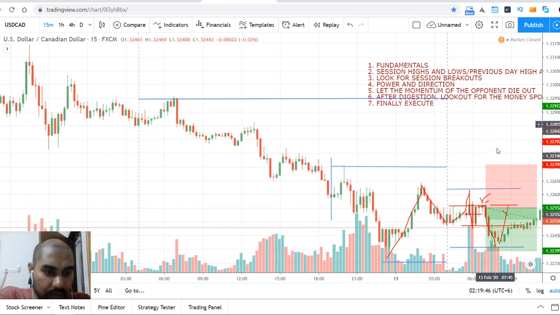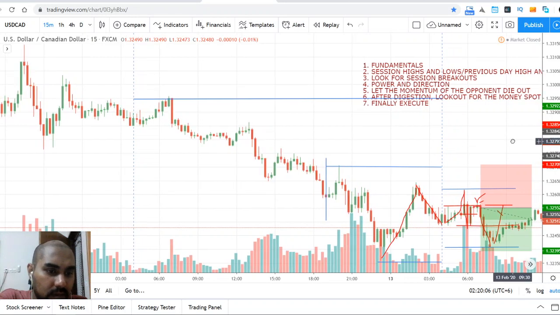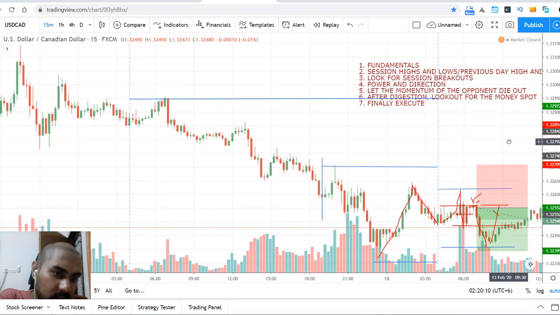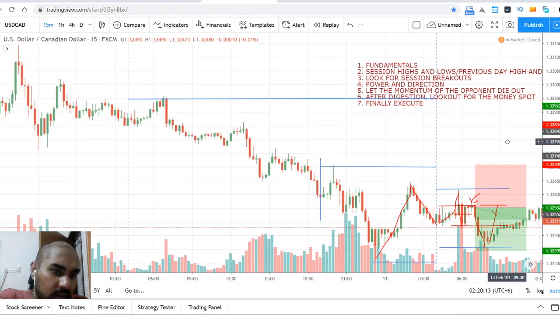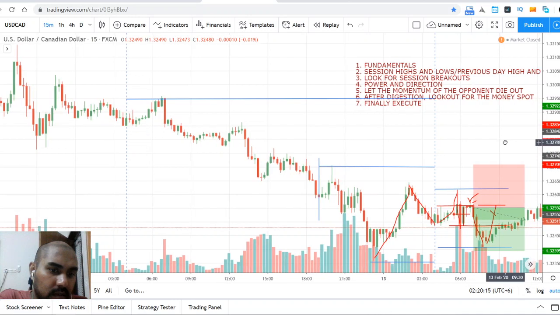Okay, so this is now 9:30 only. London will start at 1400 hours our time. So let's see what happens if any of New York breaks out or how Asia holds. Okay, let's see. Next candle, next candle, it's holding in this range.